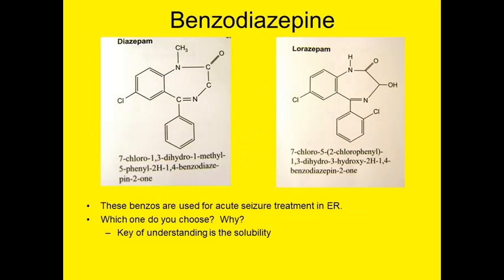Now let's talk about the benzodiazepines. There are lots of benzodiazepines in clinic, but now I concentrate only on diazepam and lorazepam for treatment of acute seizure. Which one would you try and why?